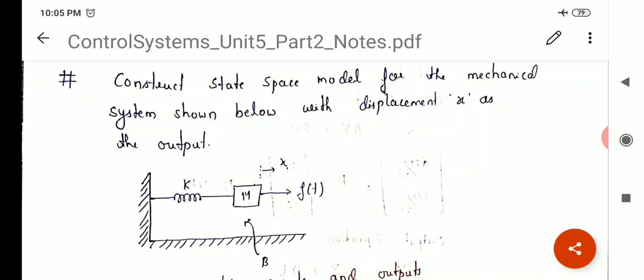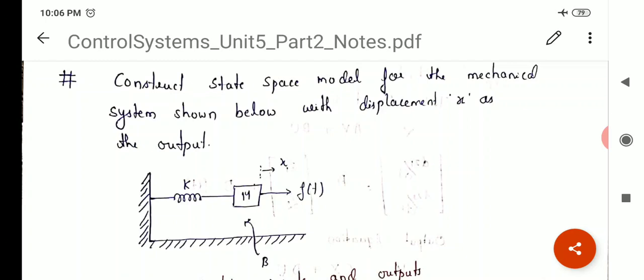For this we need to construct the state space model, and in the previous video we have seen the guidelines for selecting state variables. Basically, for an electrical or a mechanical system, we consider the outputs of energy storing elements of the system as the state variables.